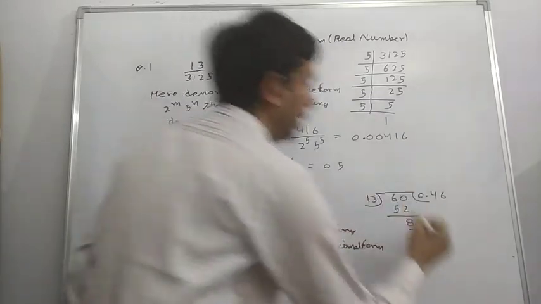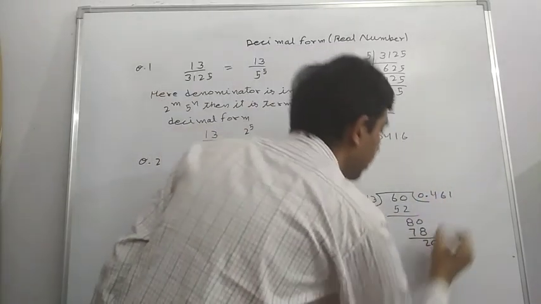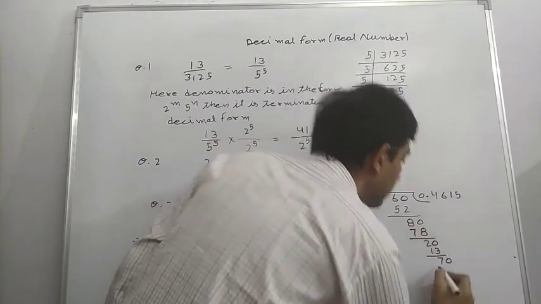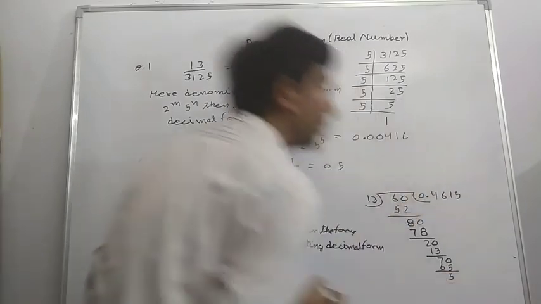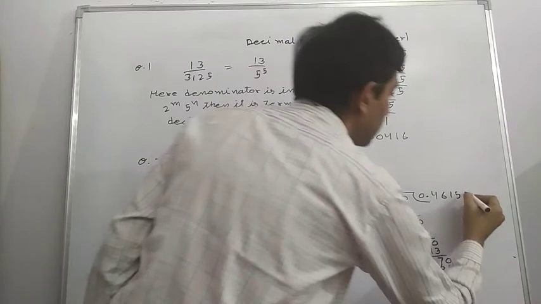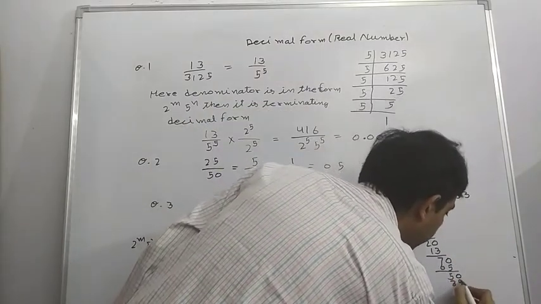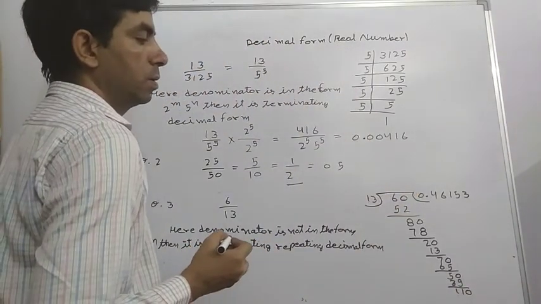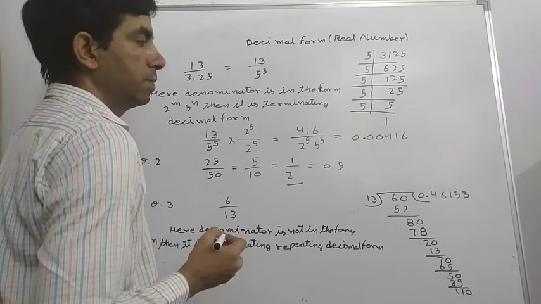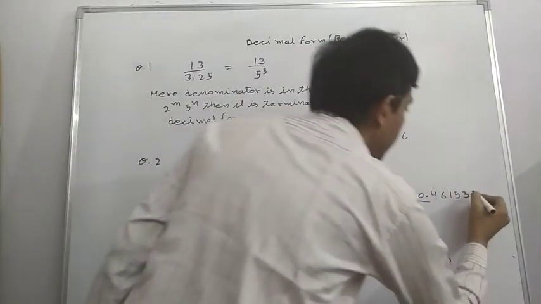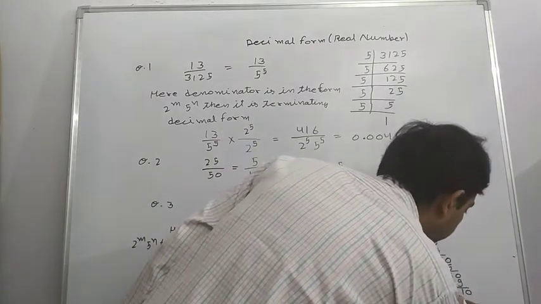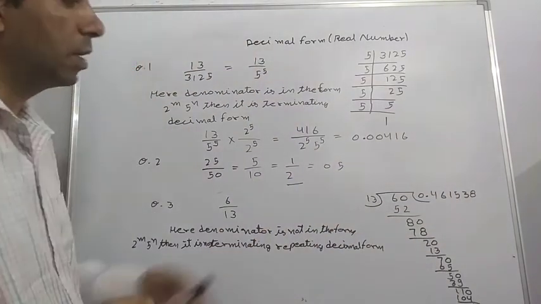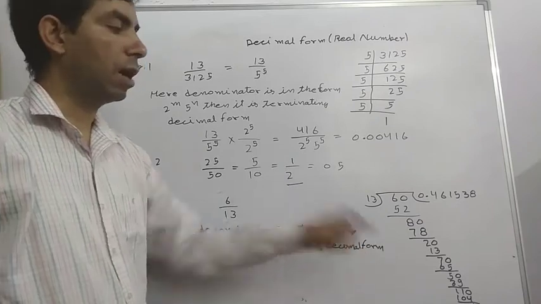Again 2, write 0, 20. 13 times 1 is 13, 7, 70. 13 times 5 is 65. 5, 50. 13 times 3 is 39. 11, 110. 13 times 8 is 104, we get 6. In the starting we had 6, and after this we get 6 again.